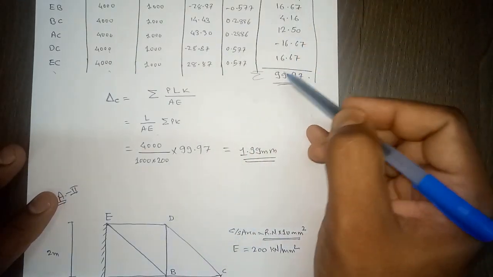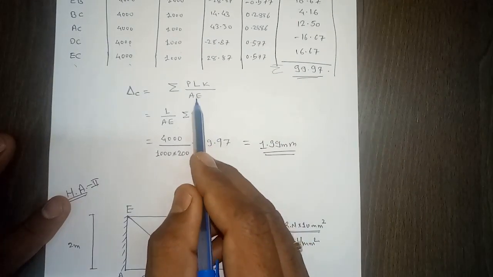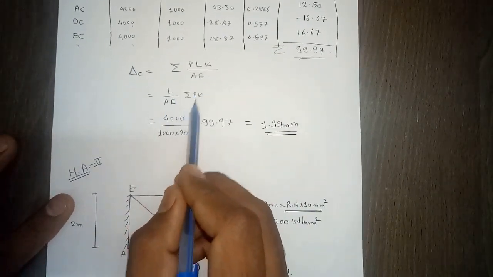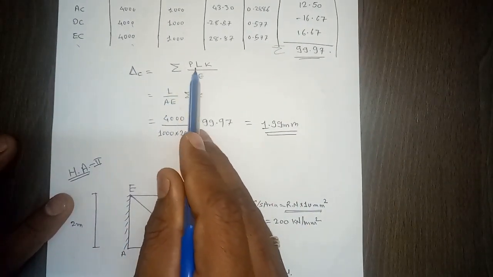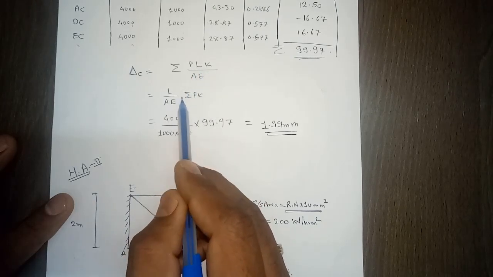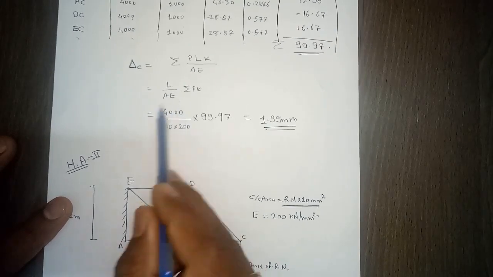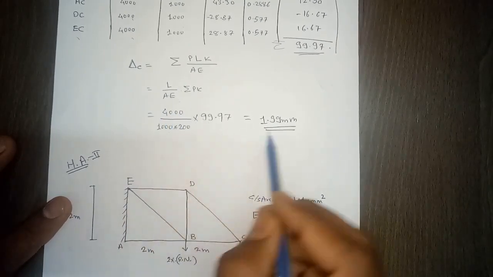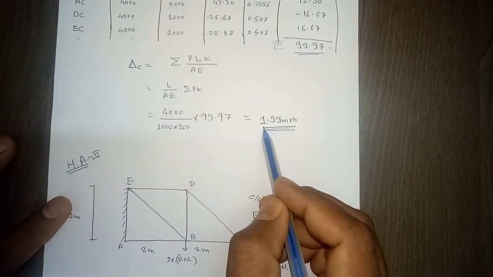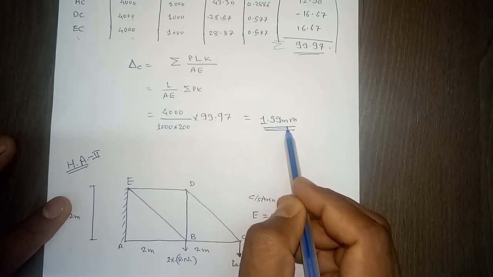Do the algebraic sum and substitute in this equation. L and AE are constant, so they come out of the summation, and substituting the final value I get 1.99 mm.